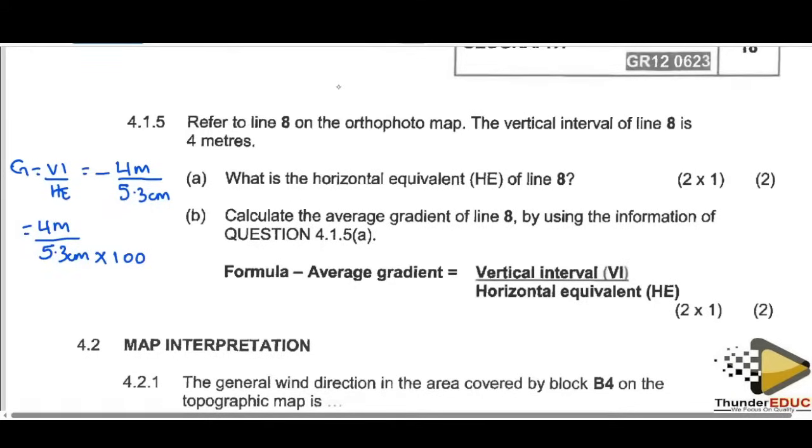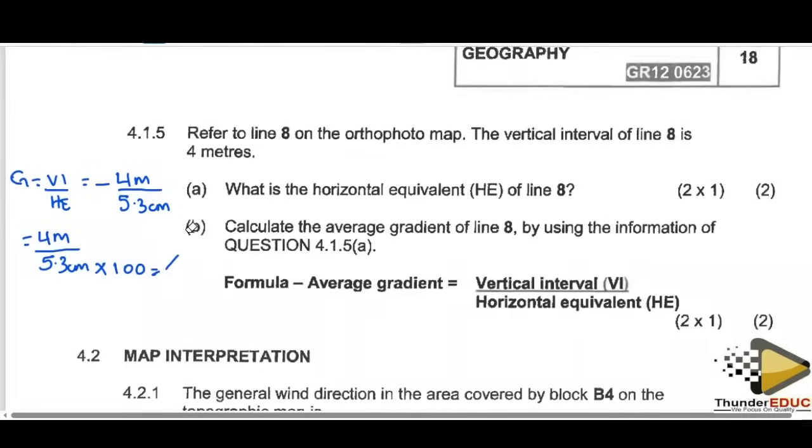What are you getting? You're going to get 530 meters.